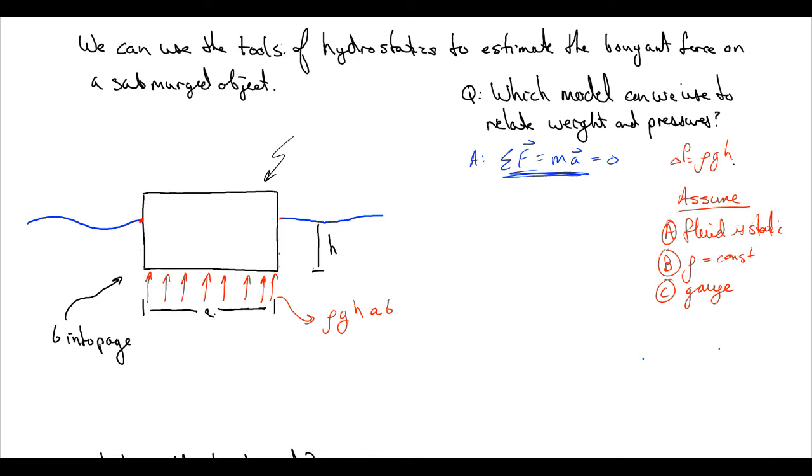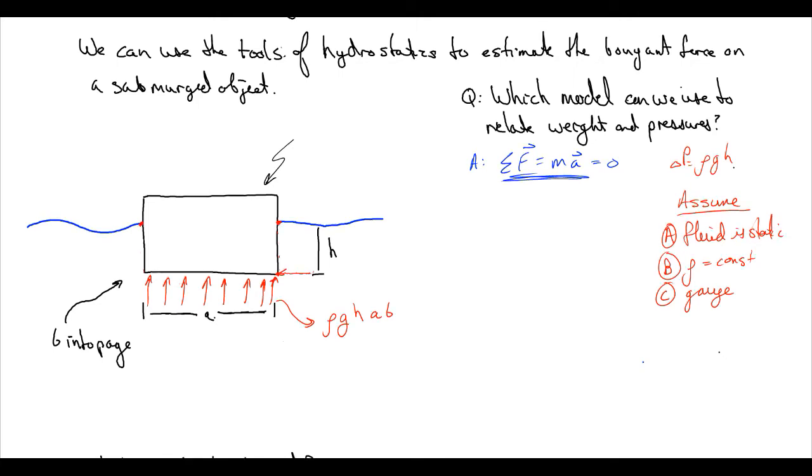Now we also have a force acting on the sides of our cube, or rectangle, and we know that the force here is equal to the force on the bottom of the rectangle, because at the corner, remember the first rule of hydrostatics tells us that the pressure is the same in all directions, right? So it doesn't matter if we're going up or sideways. At the corner, the pressure is the same. And we know that the pressure here, in gauge pressure, in absolute pressure this is not true, but in gauge pressure, the pressure is 0.